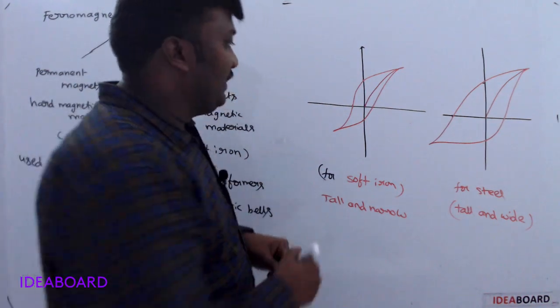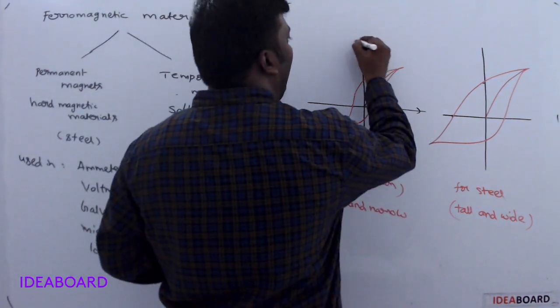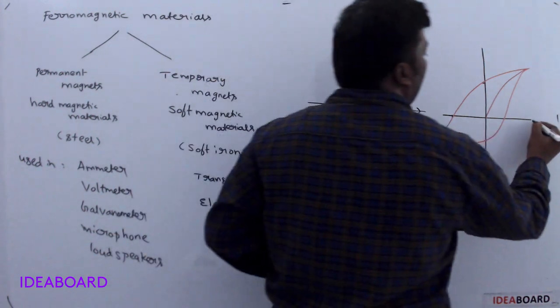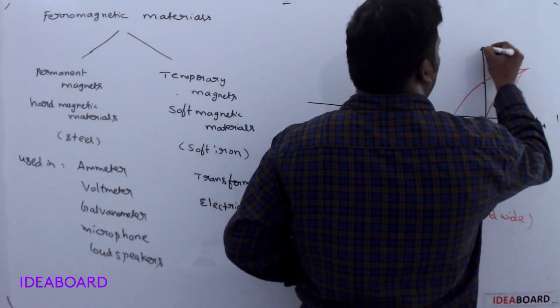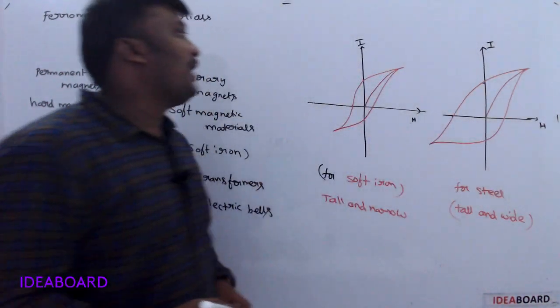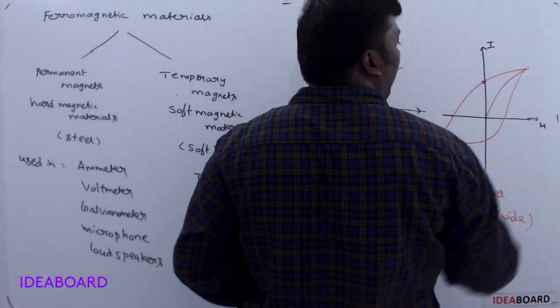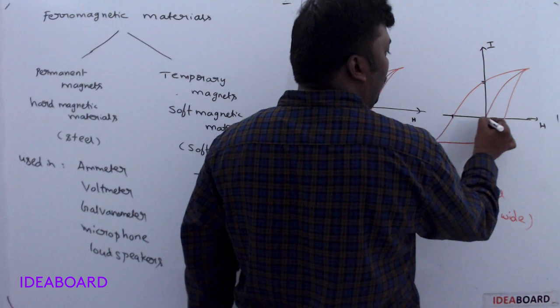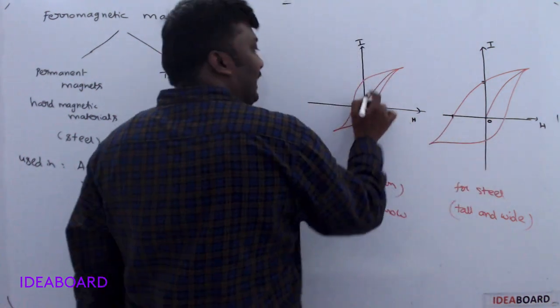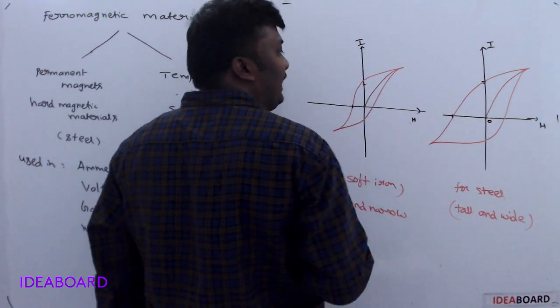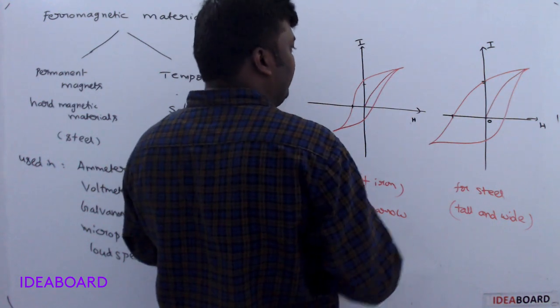So this is the graph drawn between I and H for steel and soft iron. Here it has more retentivity and more coercivity. Here less retentivity and less coercivity.